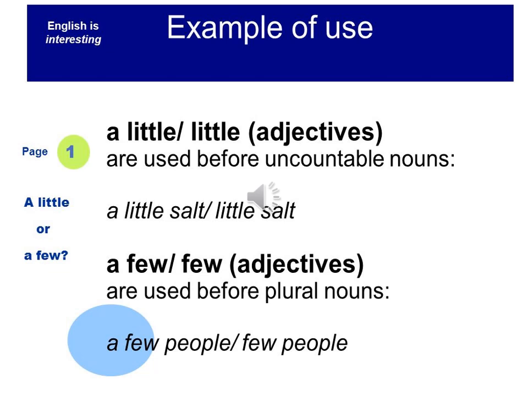For example, people. This refers to many. A few people. So we use the quantifier a few. Okay, please repeat. A few are used before plural nouns. Very good.